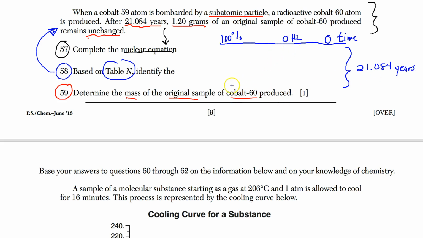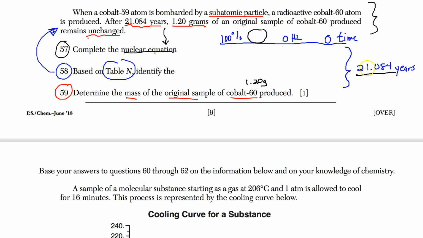And after that time period, there was 1.20 grams remaining of the cobalt-60. How much of the original sample when there was zero time? Well, what happens over time is half-lives have occurred. We've got to figure out how many half-lives have occurred. So we know the total time, but what's the half-life period?